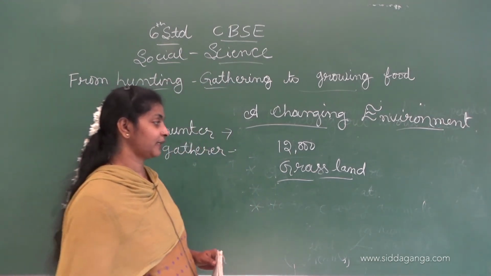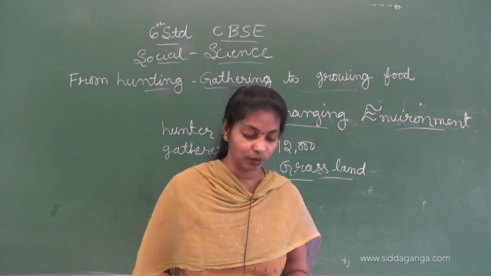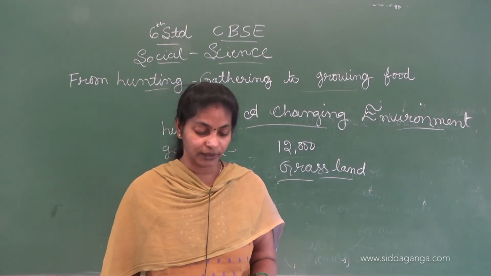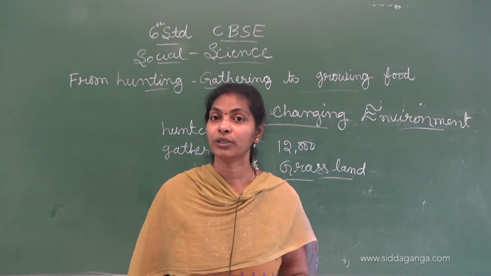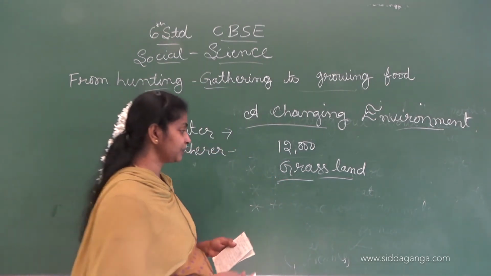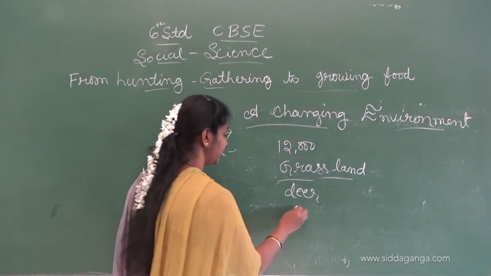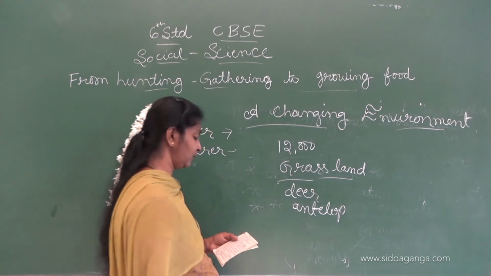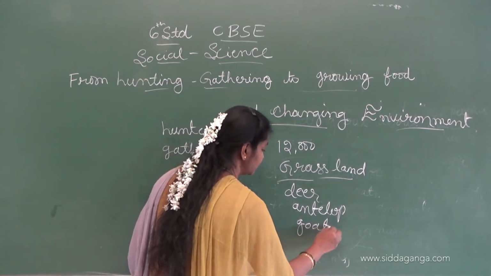I will give an example. Deer, antelope, goat, sheep, cattle were increased in number, more and more, especially the deer, antelope, goat, sheep, cattle.